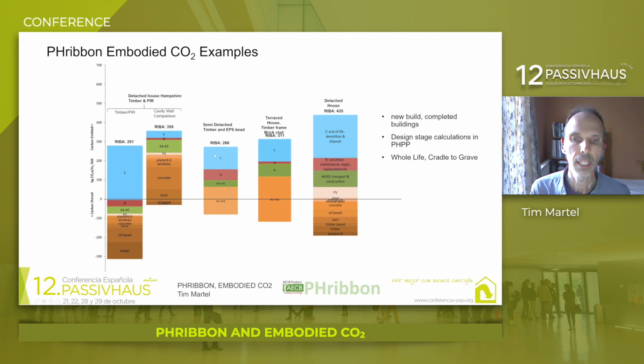That's slightly better again. And a terraced house which has been brick clad. This one, the brick is making it slightly higher. And then this one here, we just saw, that's got PV in it and it's a detached house, so it makes it a little bit higher.